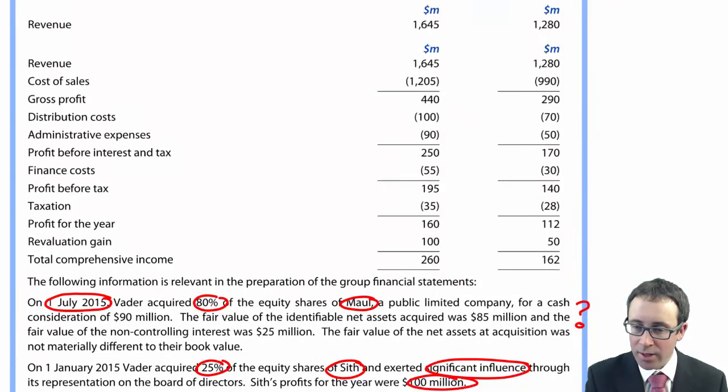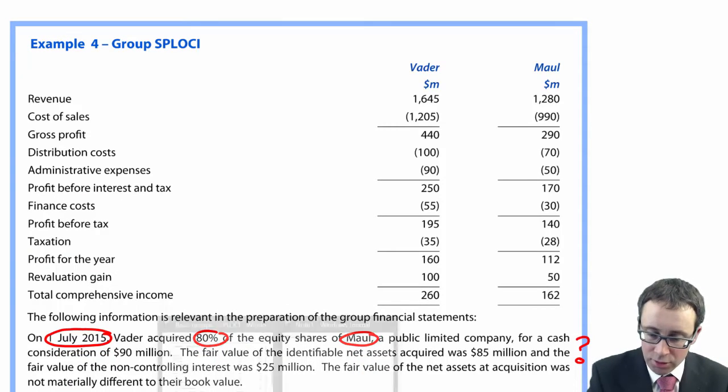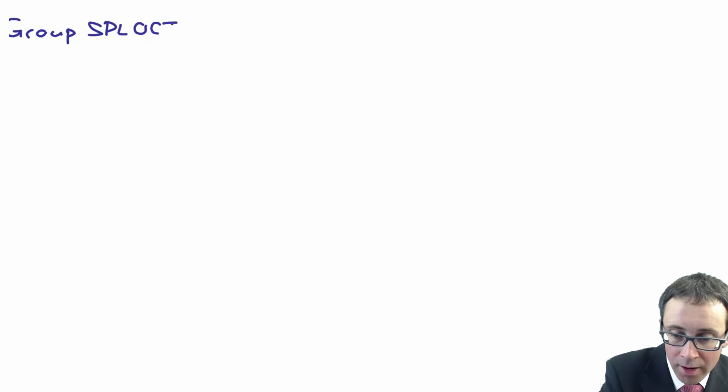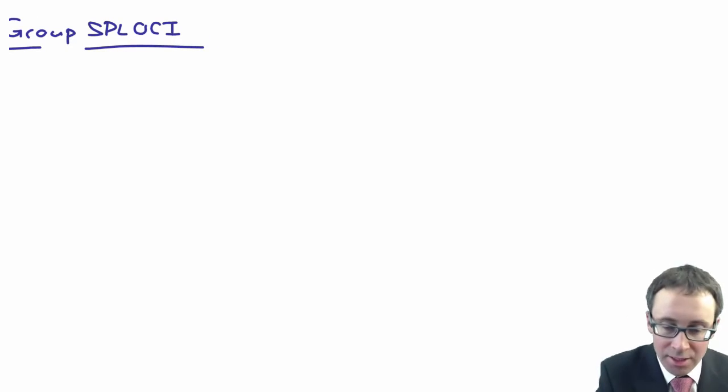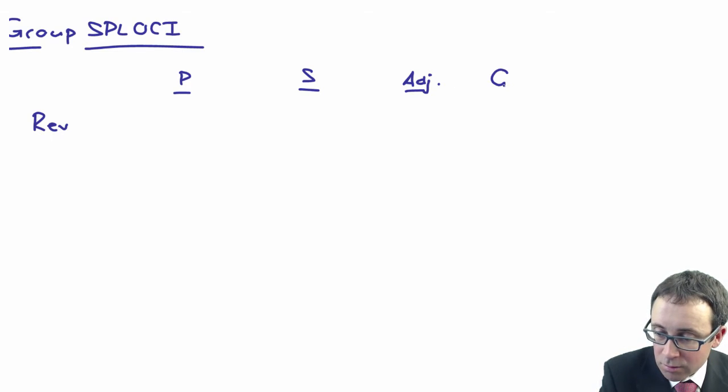What we need to do is go through there and have a look at the group statement of profit or loss and other comprehensive income. And what we can see there is we need the revenue for P, S, adjustments, and then group.